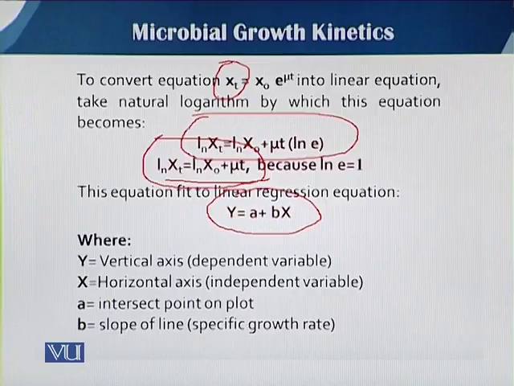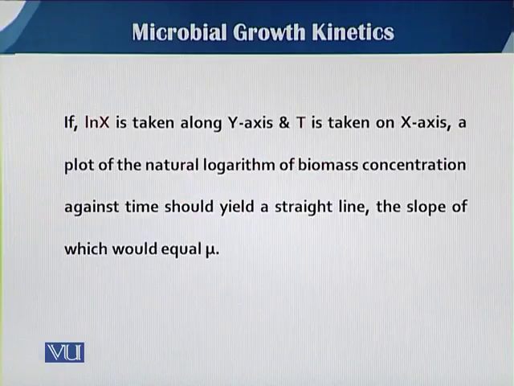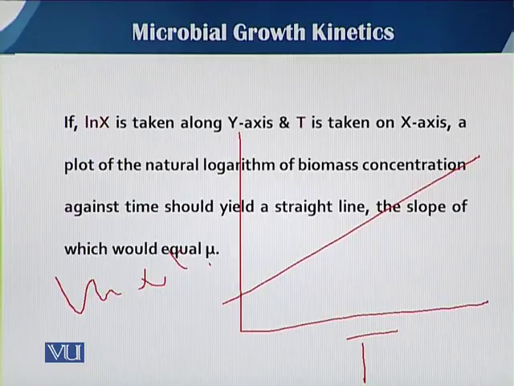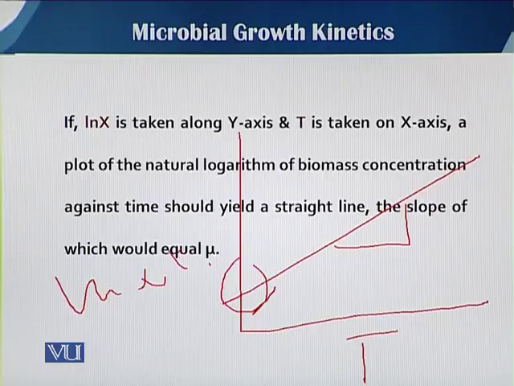A is the intercept and b is the slope of the graph. So if ln x is taken along the y-axis and time t on the x-axis, and we plot t against ln xt, then there is a straight line. The intercept will be a and the slope will be b.